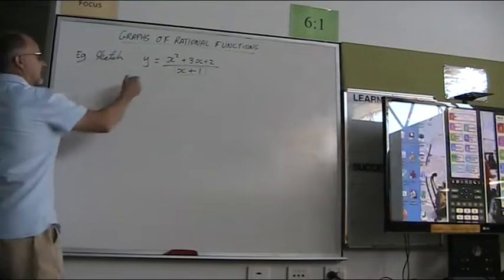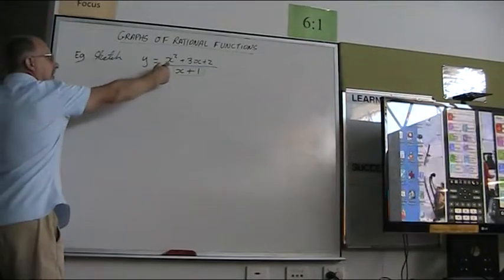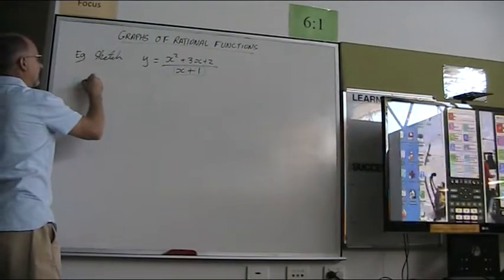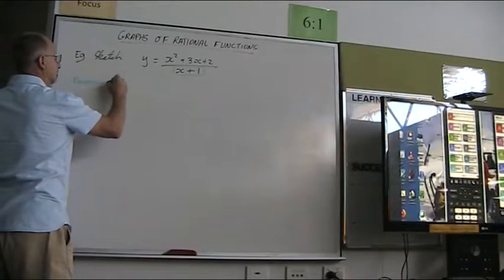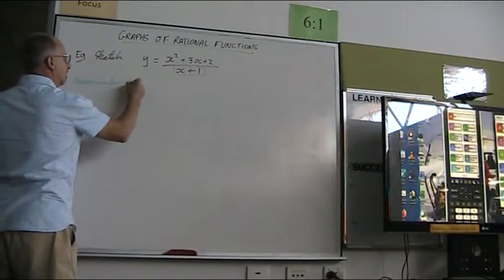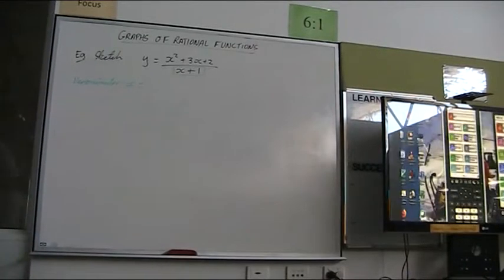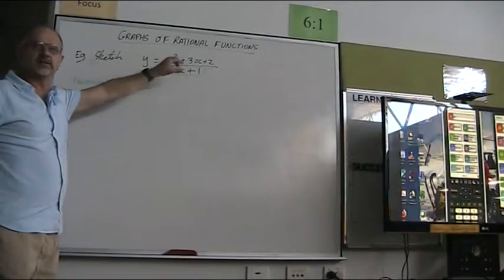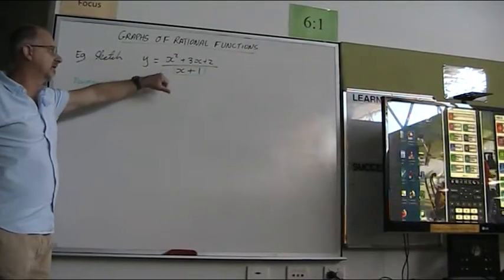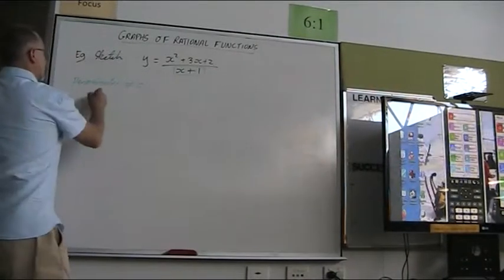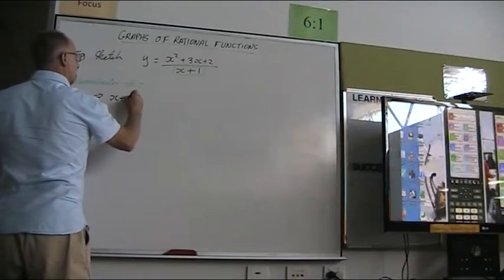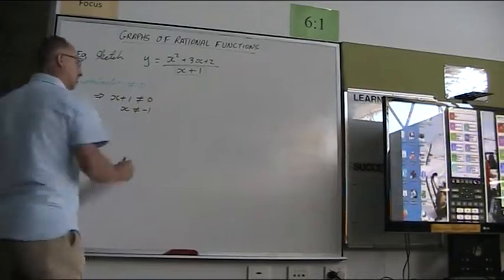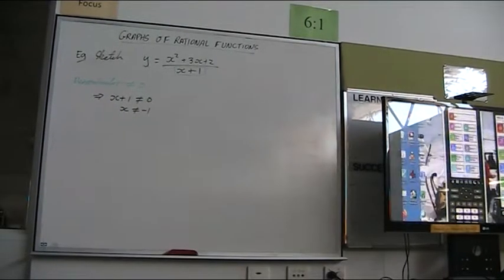Because we know always the denominator can't equal 0, for any of these. So in this case, it's just x plus 1. So that means that x plus 1 can't equal 0. I take 1 from both sides. X can't equal negative 1.